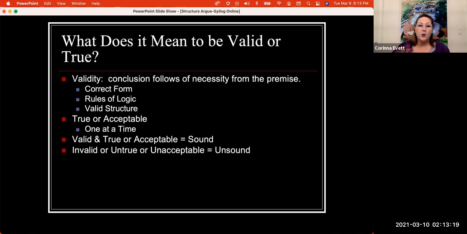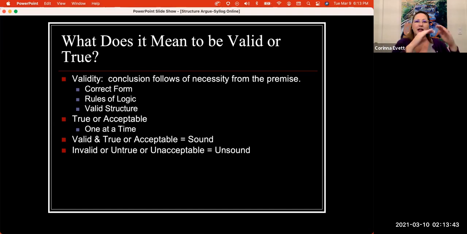However, if one of these things is out of whack, then we have an unsound argument. So please see that being valid is different from soundness. Soundness is the entire argument altogether, and that deals with the strength of logic and reasoning of the entire argument, or the unsoundness of the argument.